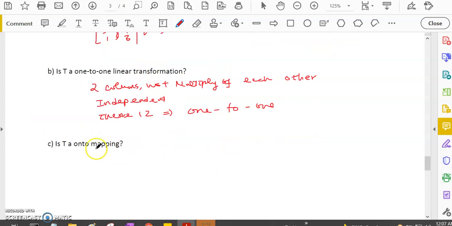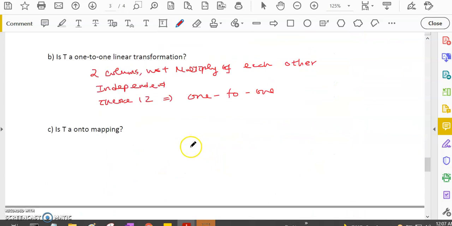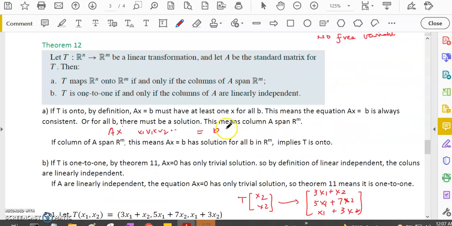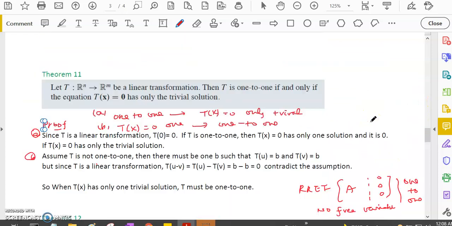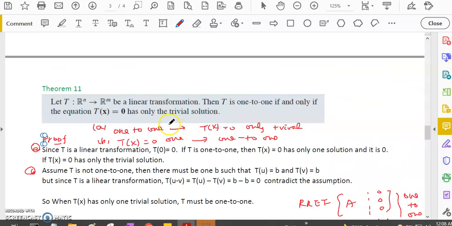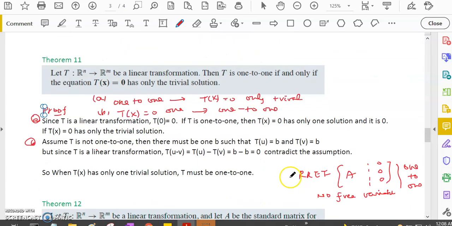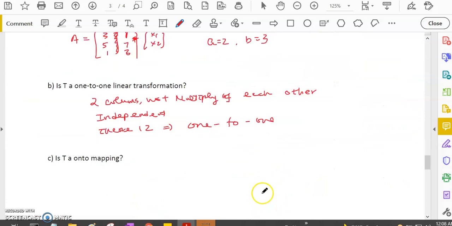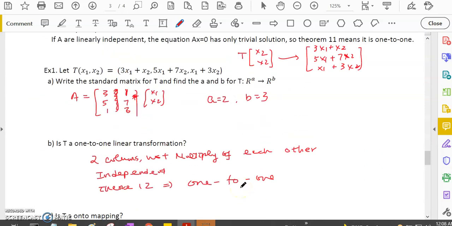Is it onto? Let's look at theorem 12. Onto is if the whole thing spans it. How do I know the whole thing spans it? Oh, no, this is 1-to-1. Onto is: does every row have a pivot position, right? So of course we only have 2 columns.